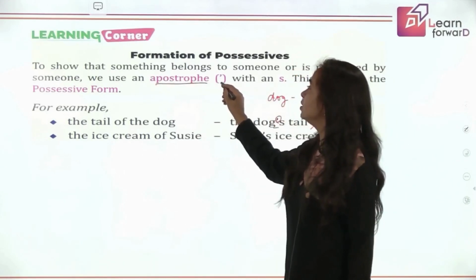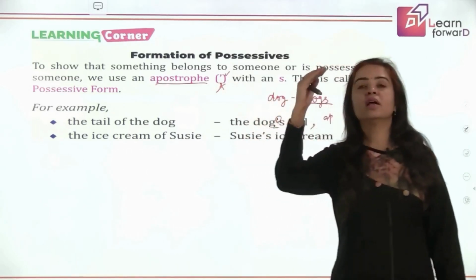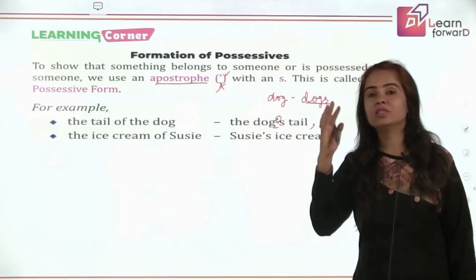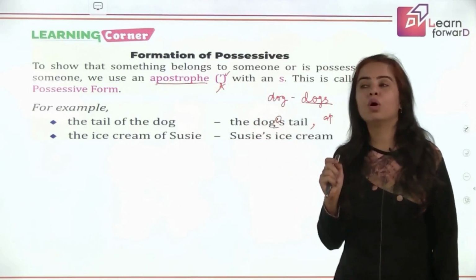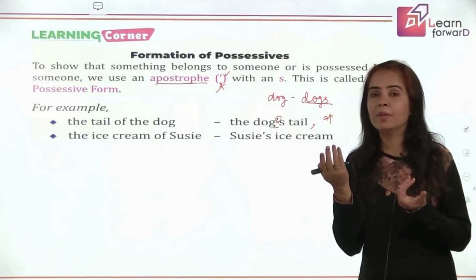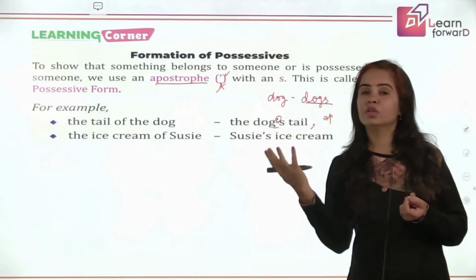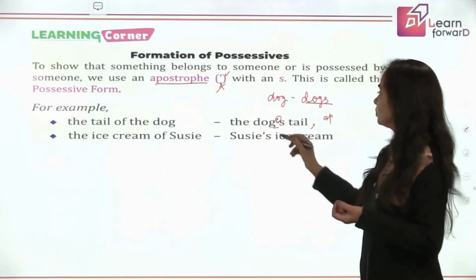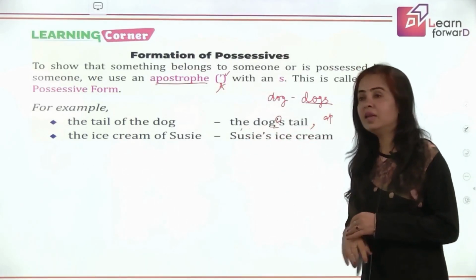We write it not below, that is a comma. We write it a little higher, a raised one. That is the apostrophe, which shows belongingness. So here, whose tail am I talking about? I am talking about the tail of the dog. So I'll say the dog's tail, right?